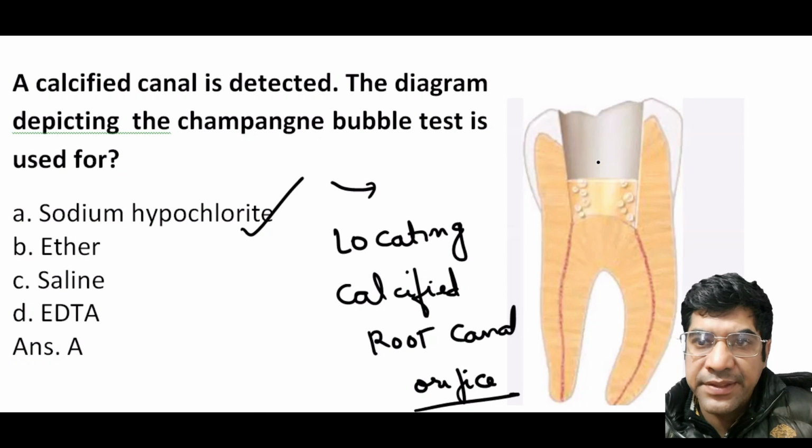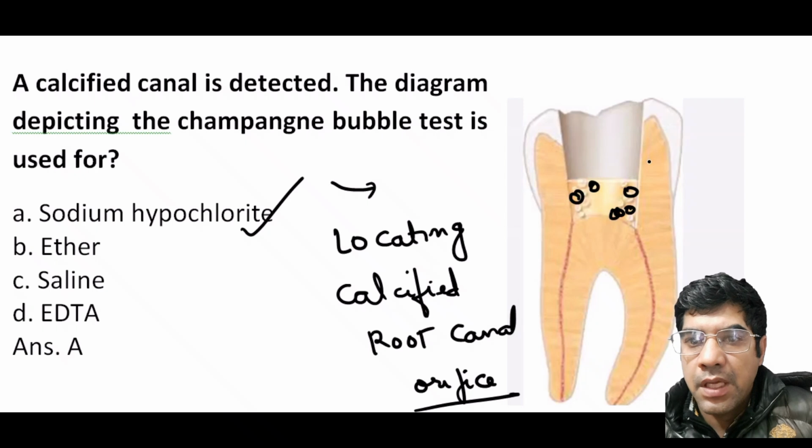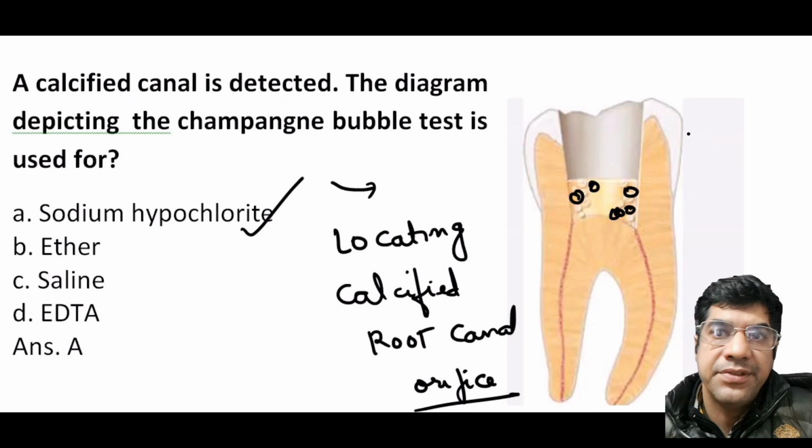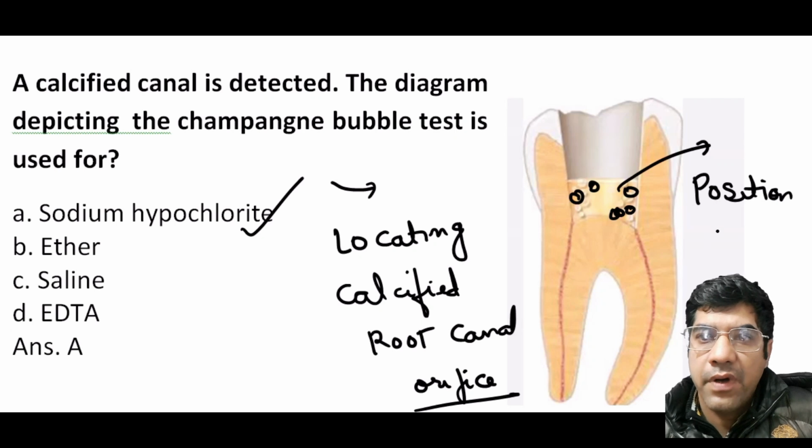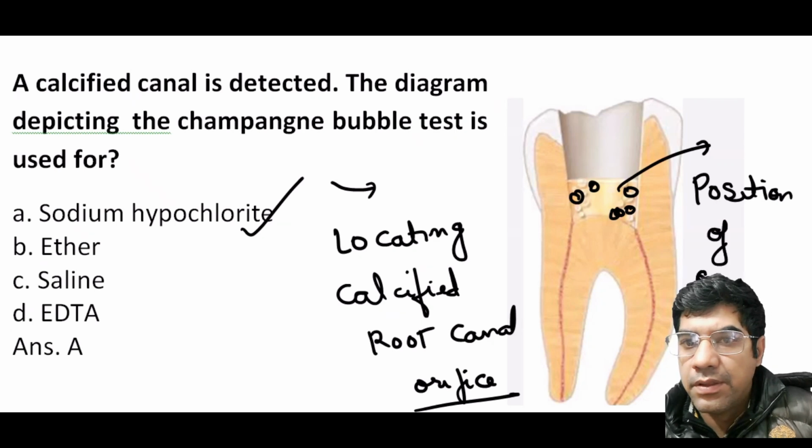So what you see is tiny bubbles that appear in the solution, indicating the position of the orifice.